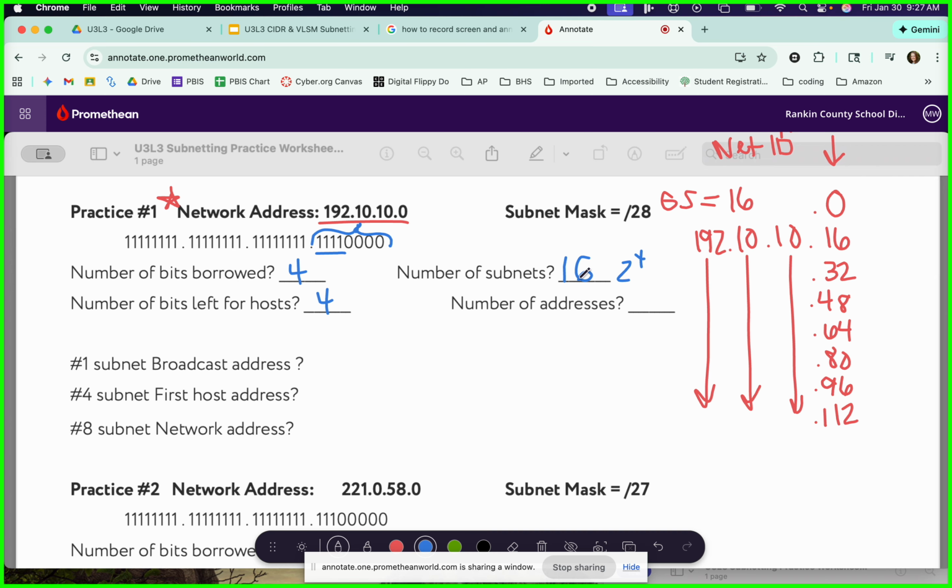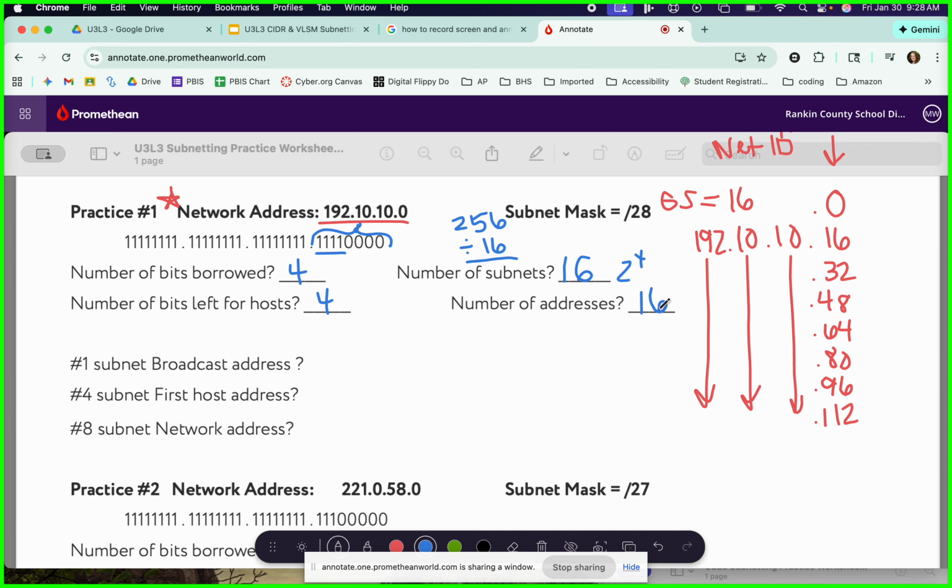And back on the other one, if you memorized it, or if you didn't memorize it and you want to do the math, 256 divided by 16 is 16. So we have 16 addresses for each subnet.